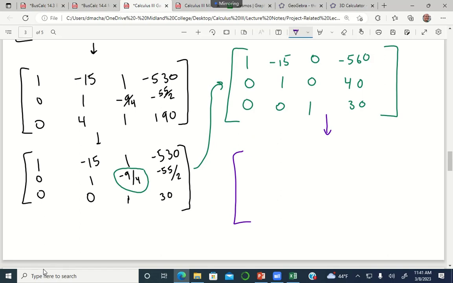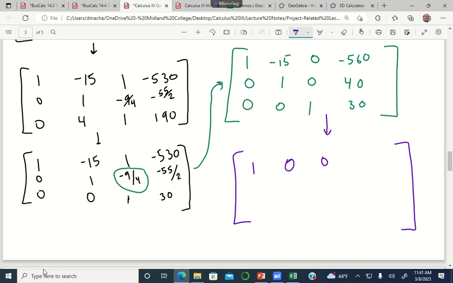So the second row times 15, well, so 1 plus 15 times 0 is 1. Negative 15 plus 15 times 1 is 0. 0 plus 15 times 0 is 0. Sorry, that should be also a 0.